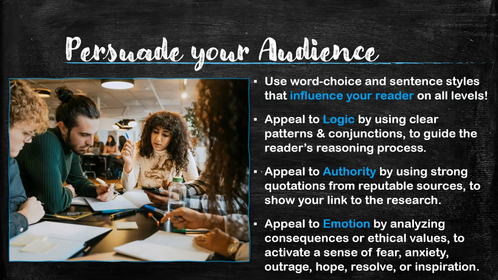You might also appeal to emotion by using word choice or sentence styles that activate a sense of fear, anxiety, outrage, or hope, resolution, and inspiration on behalf of your readers. So these are the three basic categories for influencing your readers: logic, authority, and emotion.